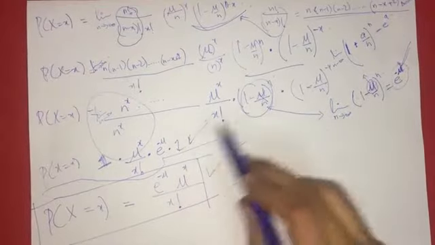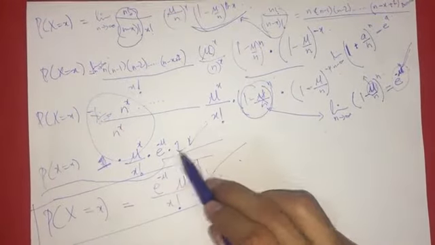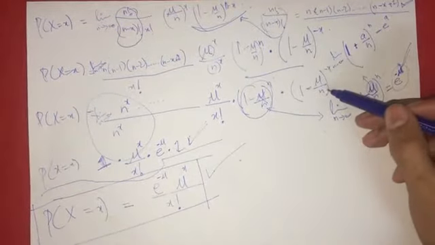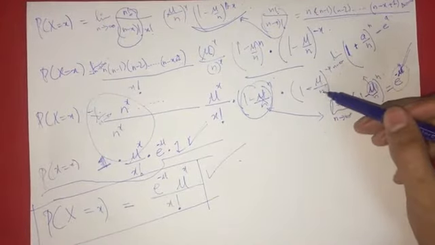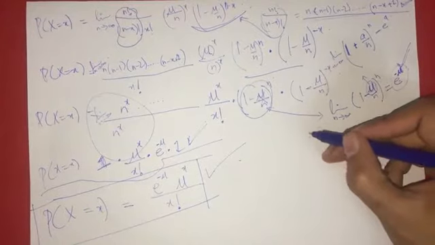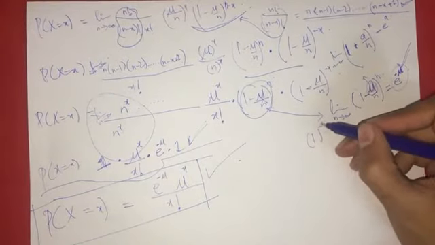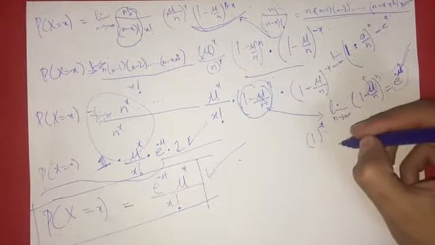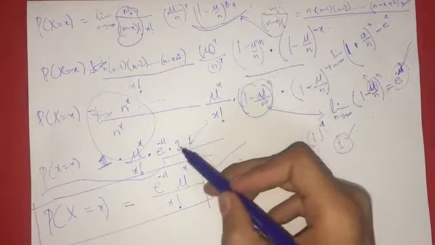So this equals e to the power minus mu, and if you apply the limit over here, 1 minus mu by anything divided by infinity equals 0, so 1 to the power minus x, and 1 to any power is 1, so this also equals 1.